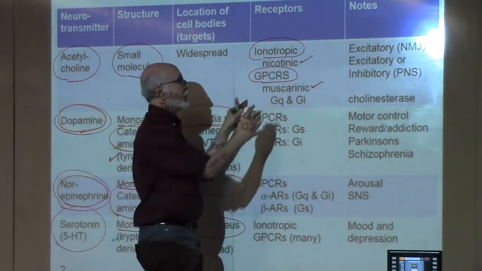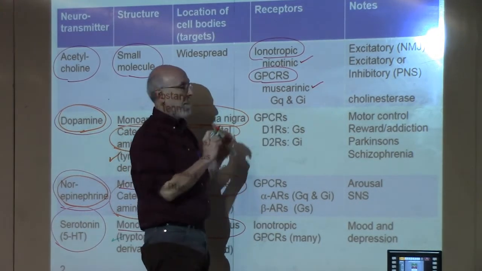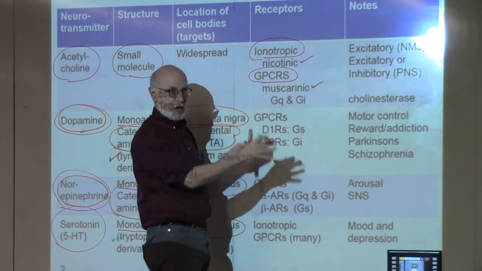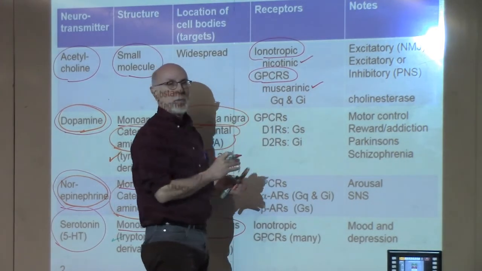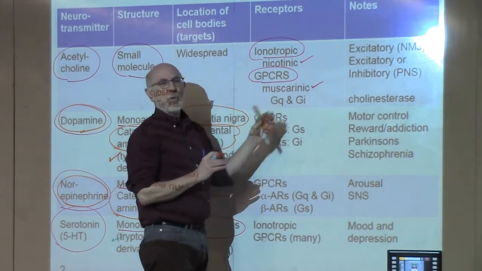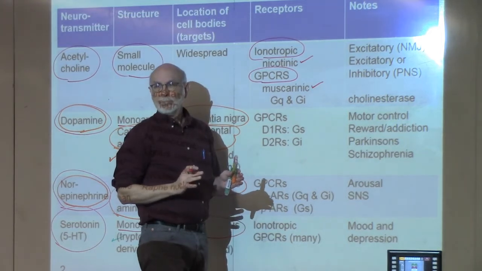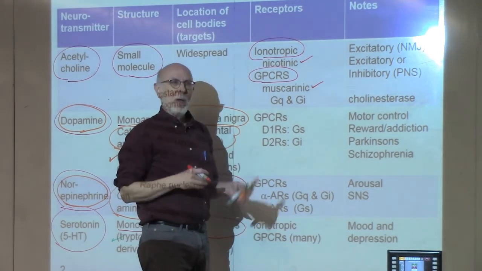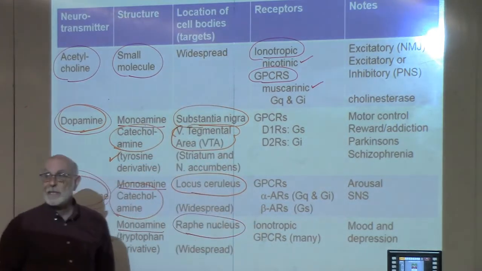The muscarinic receptors come in two categories, but I'm not going to ask you to know that they are either Gq or Gi coupled. But there's a reference point for you: if you ever need to know, you can look it up on this table.